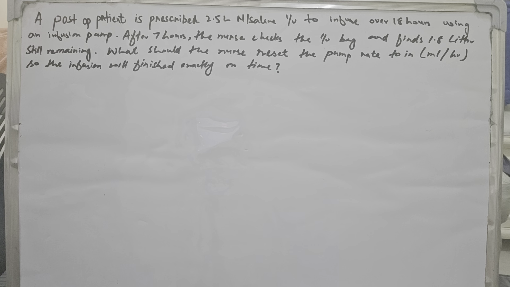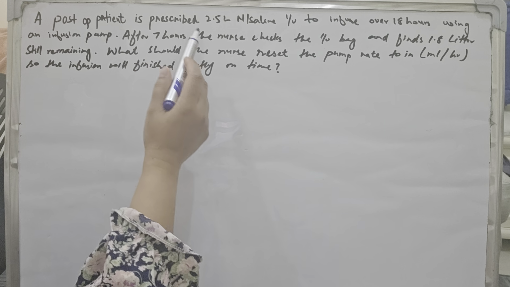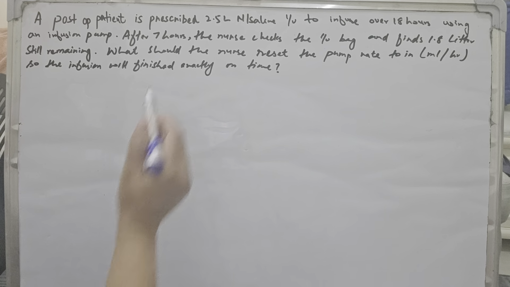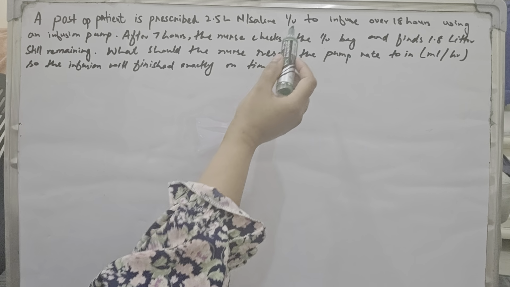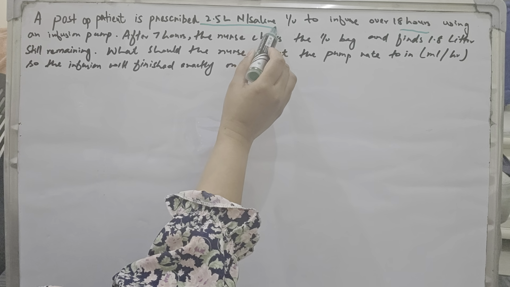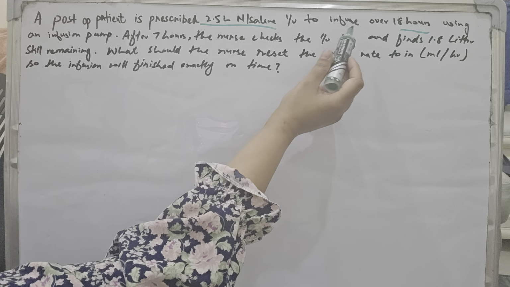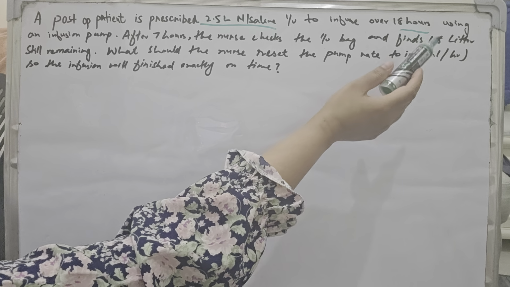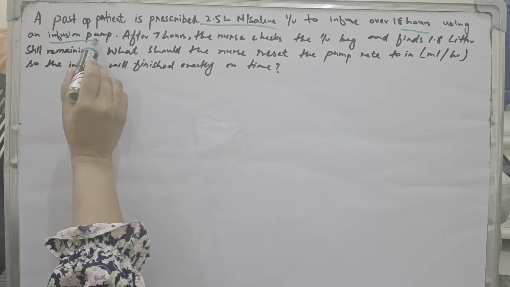So today, as you know, our previous lectures are going on. The drug calculation is a very important topic for any exam. So today our question is: a post-op patient is prescribed 2.5 liters of normal saline IV to infuse over 18 hours using an infusion pump.